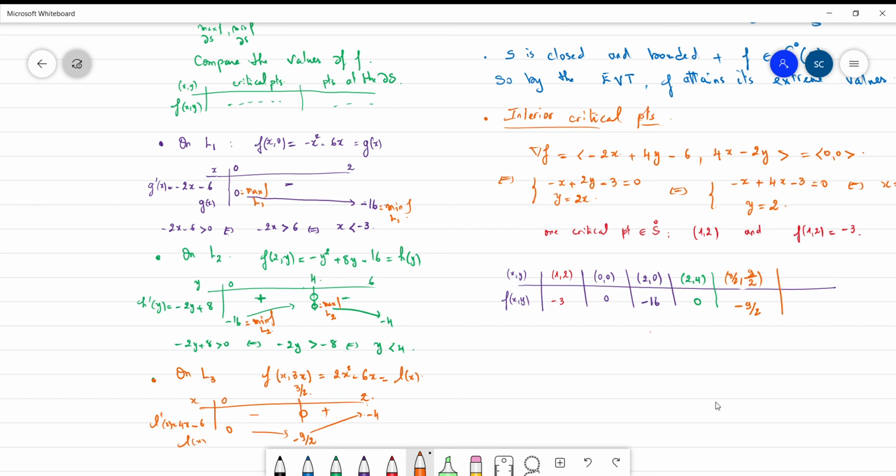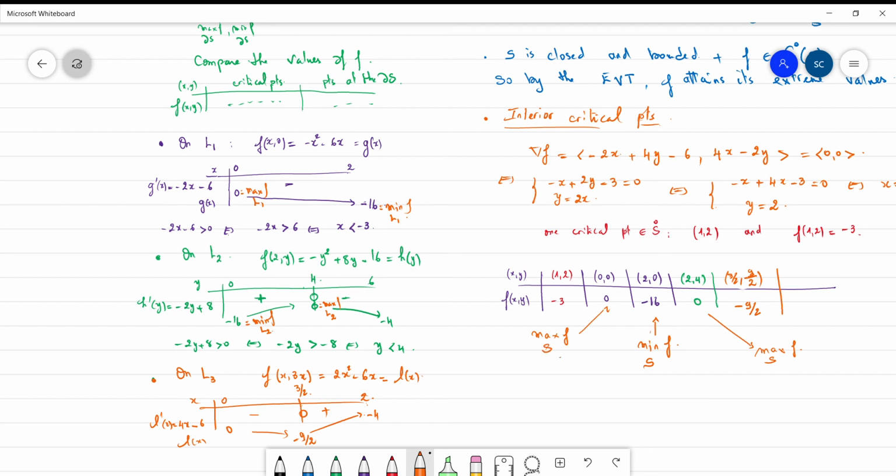We see that this is the smallest, the minimum of f over our set S, and the largest value is 0. It is attained at 2 points, (0, 0) and (2, 4). So this is the maximum of f on S, and this is also the maximum of f on S.